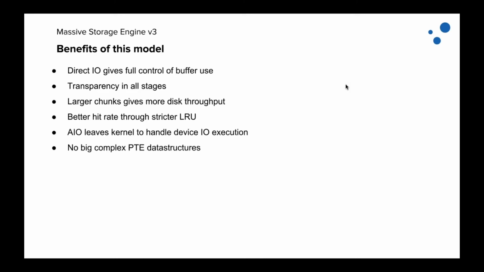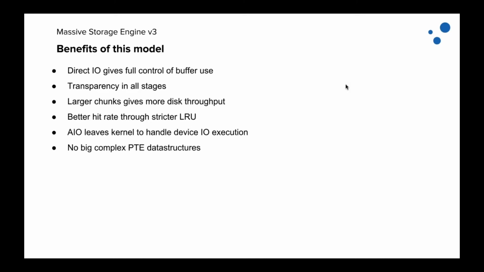So all in all, we then limit a lot of overhead in terms of memory usage. We will get transparency in all stages. It is much easier to reason and know exactly what type of I/O operations were performed and count these, and we can show performance graphs that take these steps, which were previously completely hidden, into account. Larger chunks give more disk throughput. We talked about that previously.